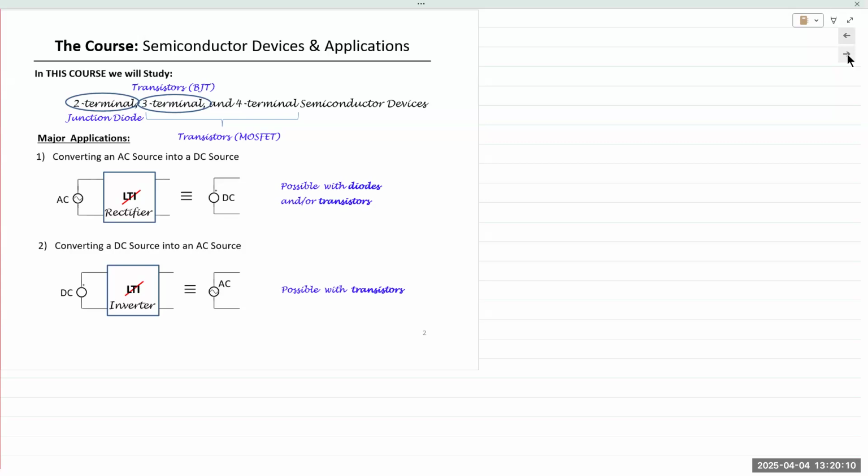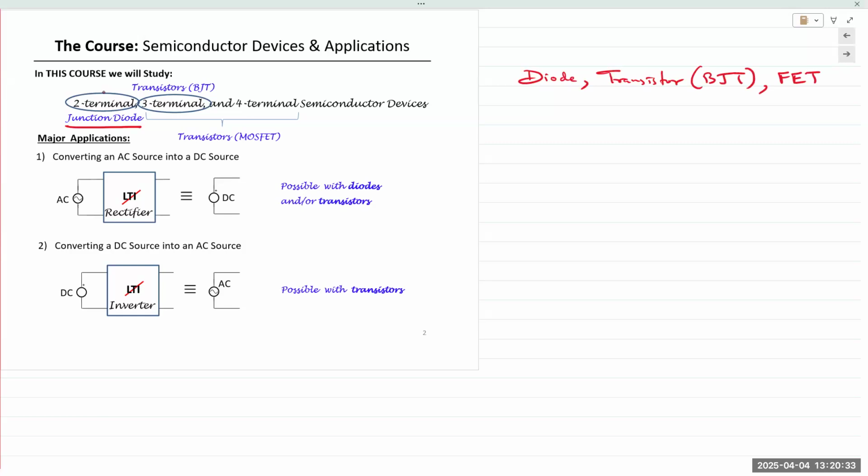So in this course, we'll study something known as a diode, a transistor, which would be a BJT, and then a special type of transistor known as a FET, field effect transistor.